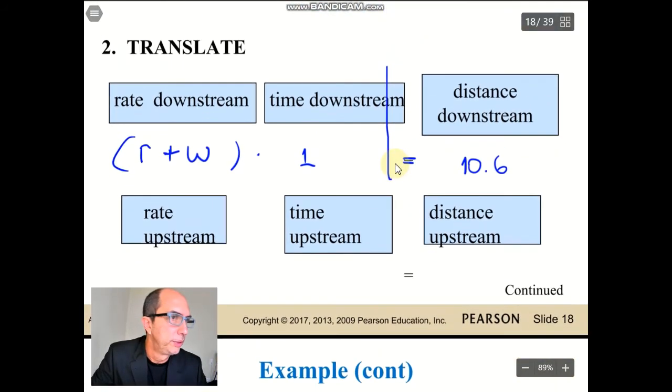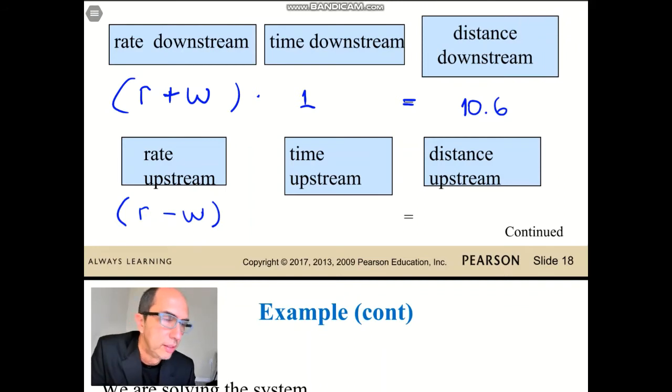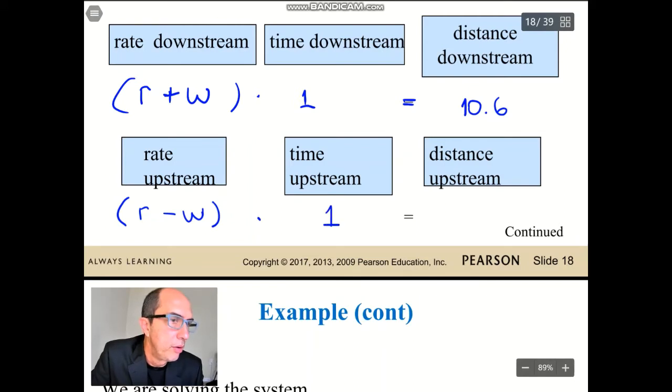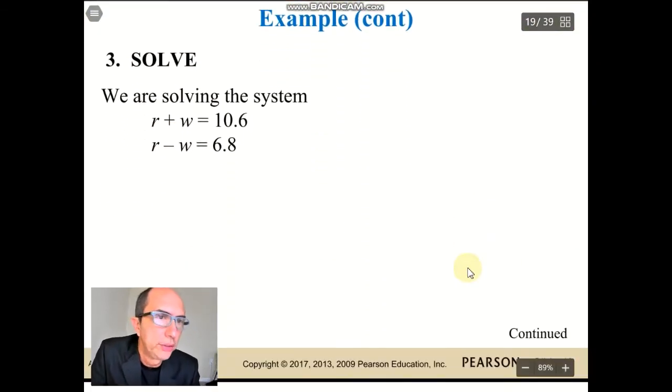Okay, and now the rate upstream is the R, the rate of rowing, minus W. Now upstream the water current is like holding back the rower, times the time rowed, 1 hour, equals the distance covered, 6.8. And I'm going to have this system of equations.